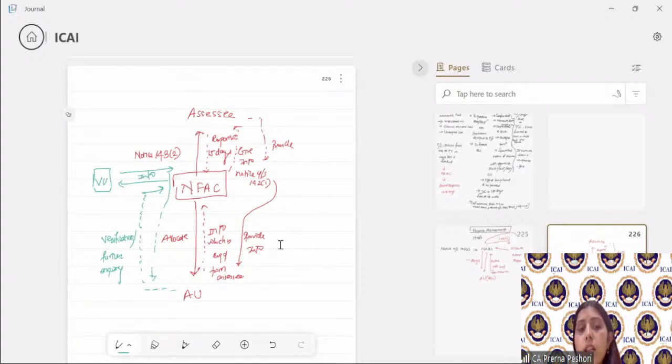Also, there is a possibility that there are certain technical points which the AO would like to ask another AO. So there is also a technical unit set up under this scheme.